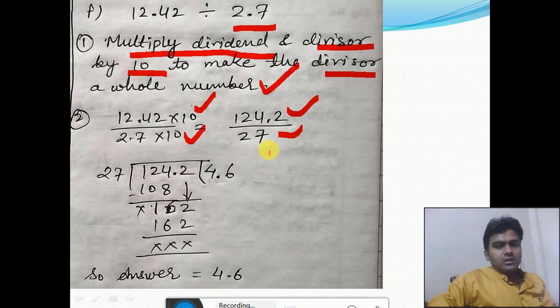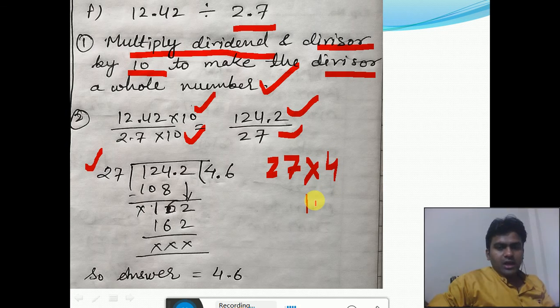Now our divisor becomes a whole number. Now easily we can divide the number. So 124.2 here, and here 27. So we can read the table of 27. 27 1s are 27, 27 2s are 54, 27 4s we will get 108.